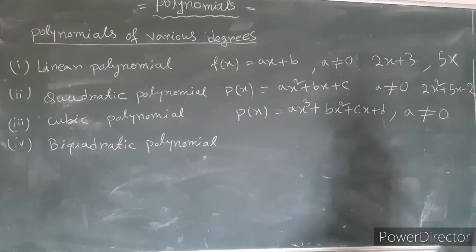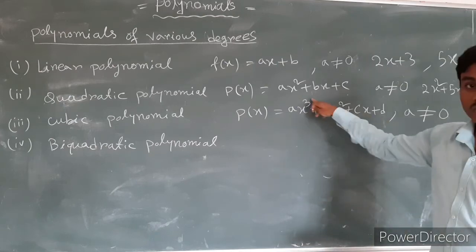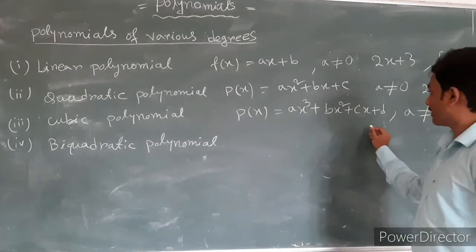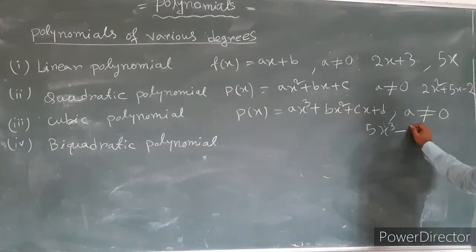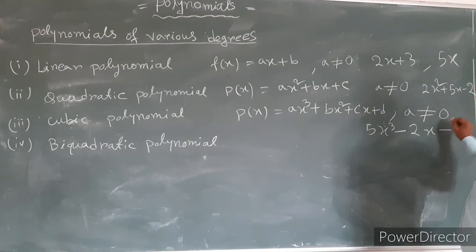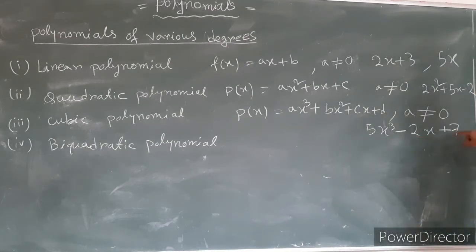So this is a cubic polynomial because the degree of the given polynomial is 3. For example, 5x cubed minus 2x plus 7 is a cubic polynomial because the degree of the polynomial is 3.